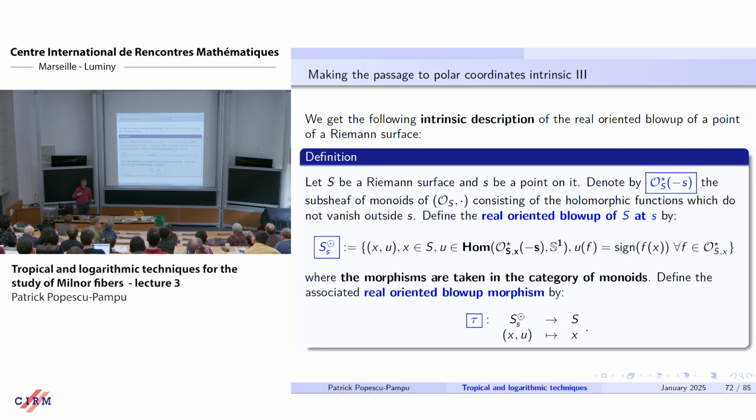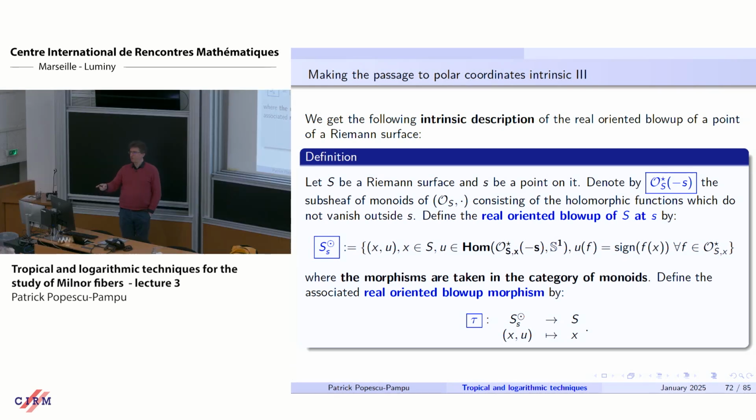We look at pairs (x, u), a point x of the Riemann surface, and u, which is a morphism from the corresponding stalk to the circle, which has the property that on units, it gives you the sign of the unit evaluated at the point, what I said before. And now we have a canonical projection to S, because (x, u) you project simply to x. And we get this map of real-oriented blow-up, which is here.